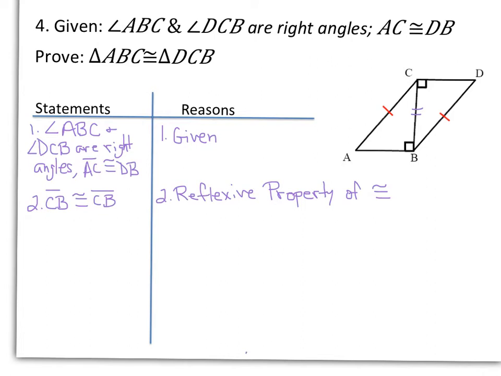And now I have enough information to say my two triangles are congruent by the hypotenuse leg theorem. So triangle ABC is congruent to triangle DCB by the hypotenuse leg theorem.